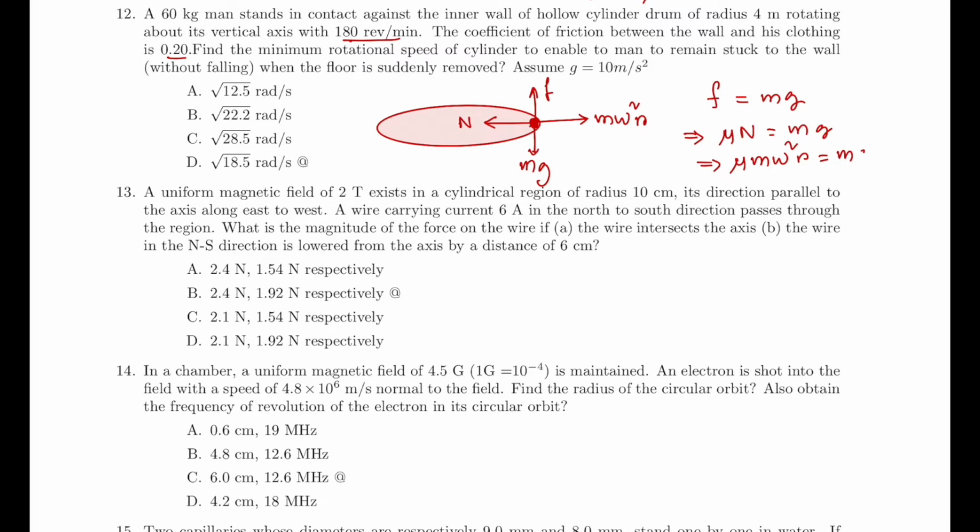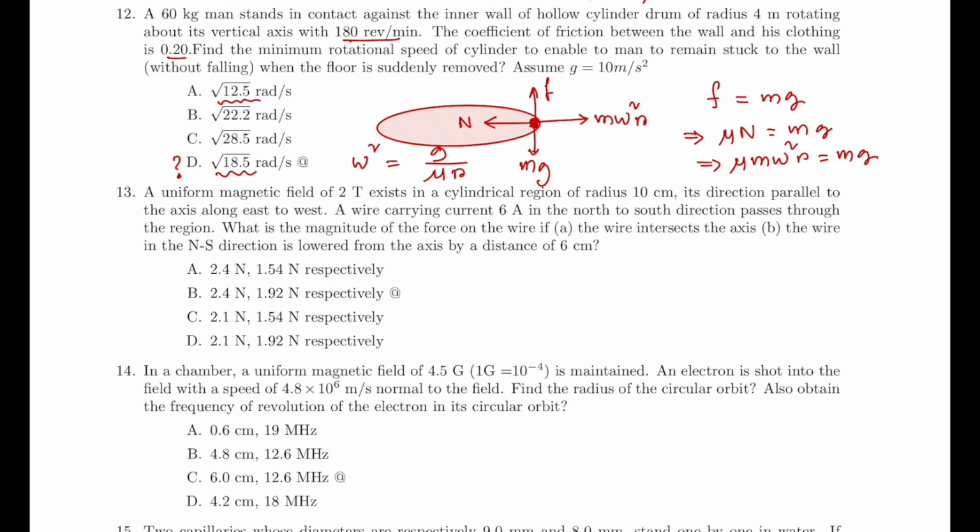So omega square is g by mu into r, and if you evaluate omega, you will get 12.5, but the official answer says it is 18.5.